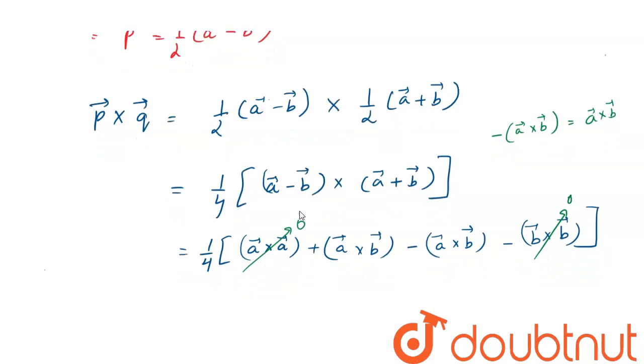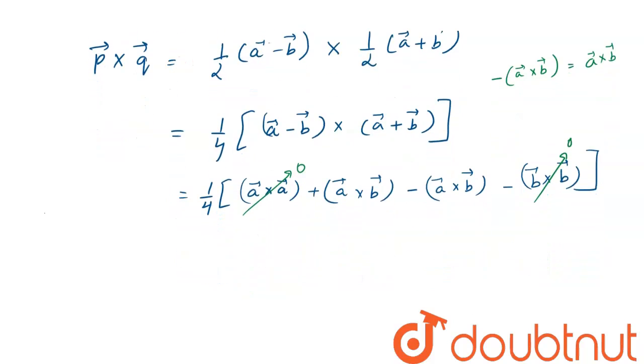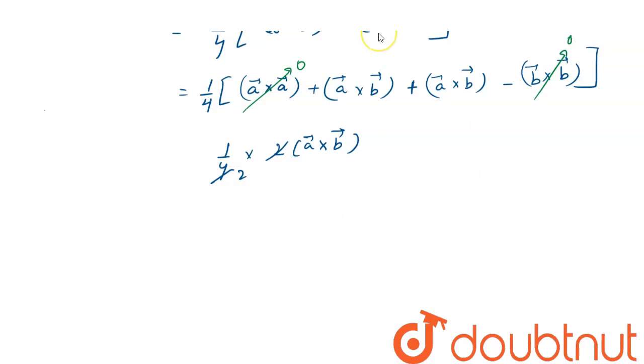So this minus will become plus. So here we have 2 A cross B vector, plus A cross B vector will be 2 A cross B vector. This 2 will get cancelled. So here we remain with the area of the parallelogram, that is P cross Q, which is equal to 1 by 2 of A cross B, that is what we had to prove.